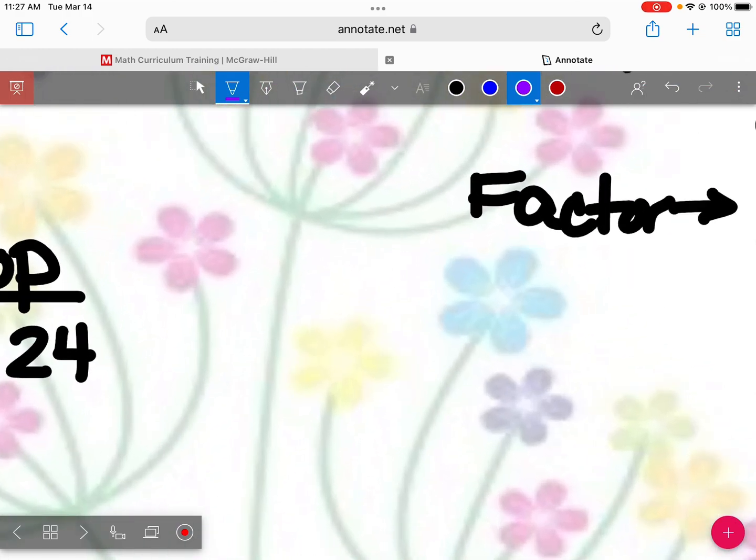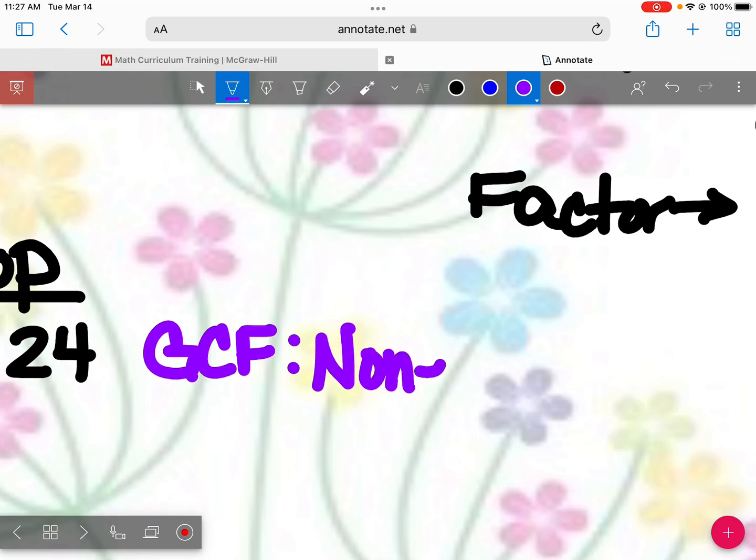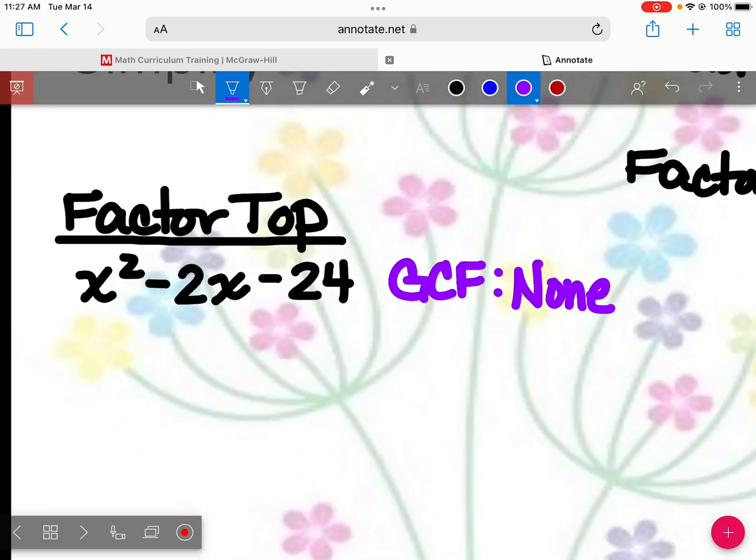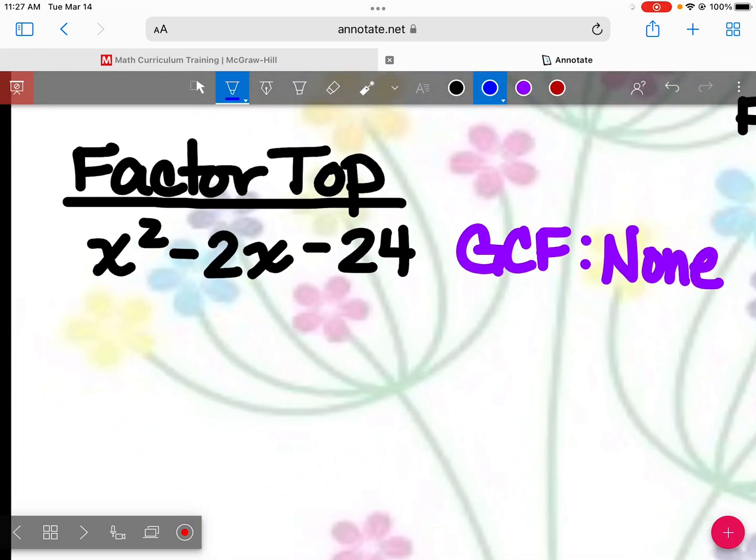GCF. Do we have a GCF in our numerator here? Is there anything that goes into all 3 pieces at the same time? No.